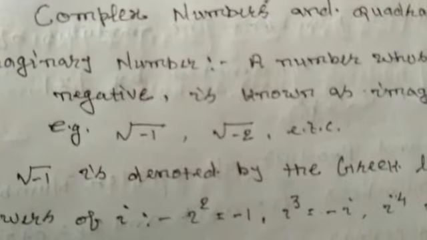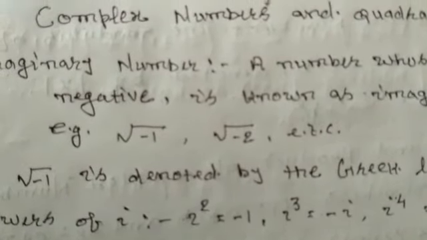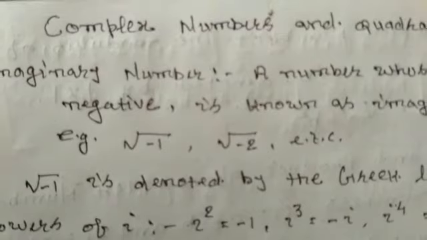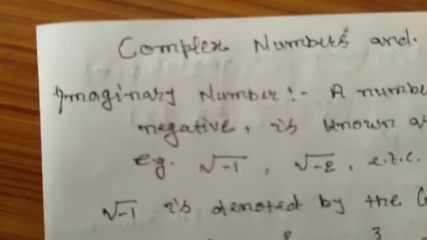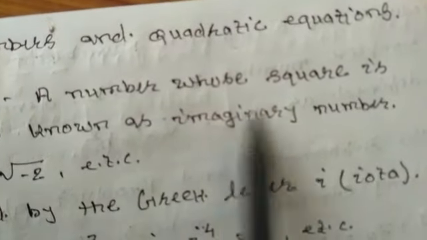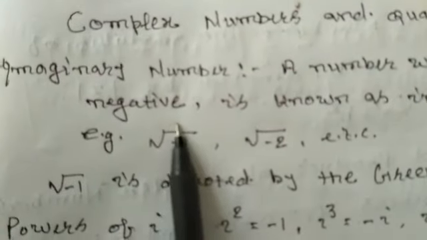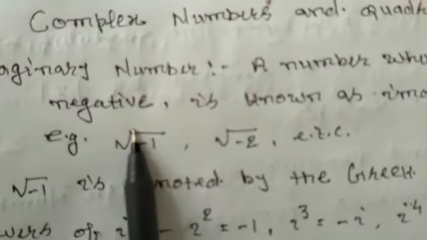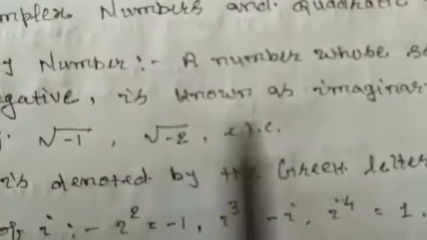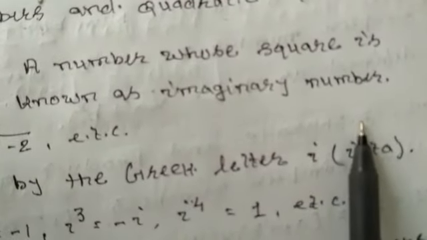Imaginary numbers are those numbers whose square is negative. The number whose square is negative is known as imaginary number.